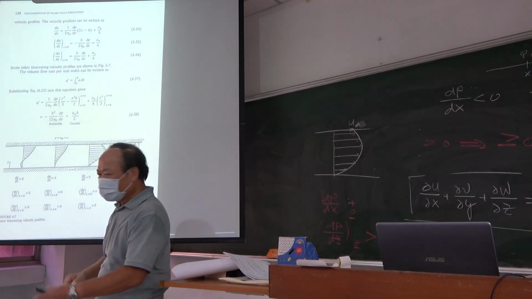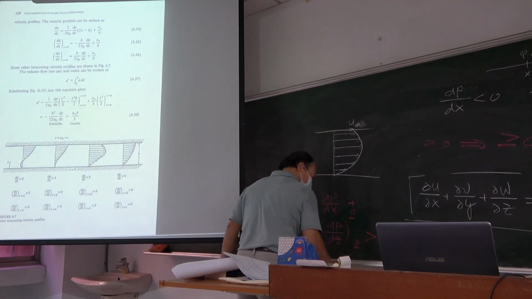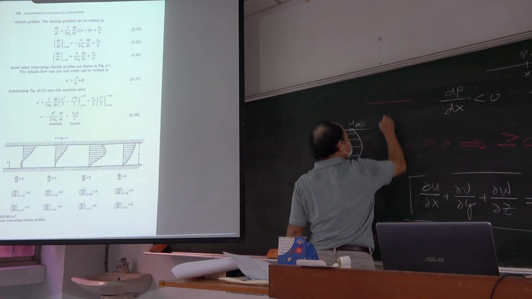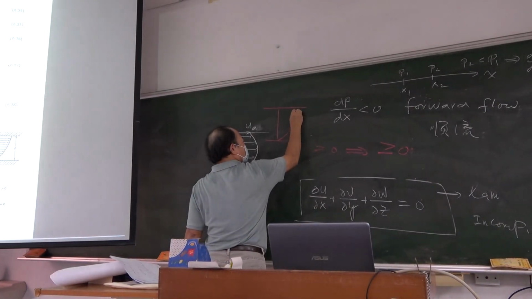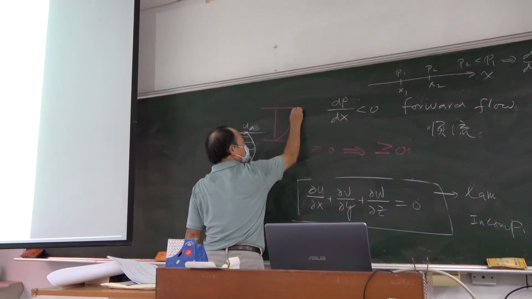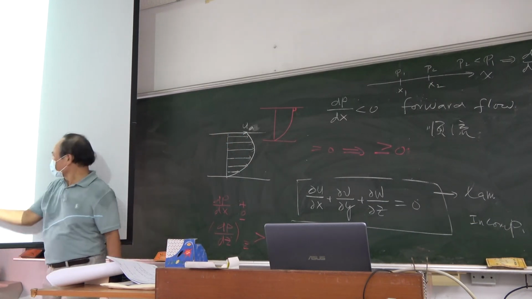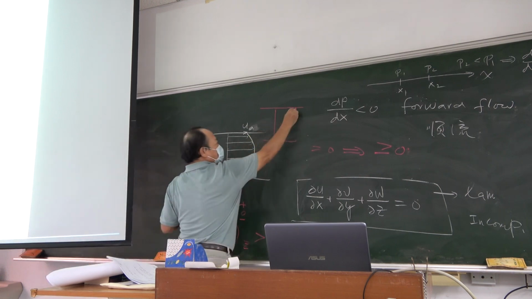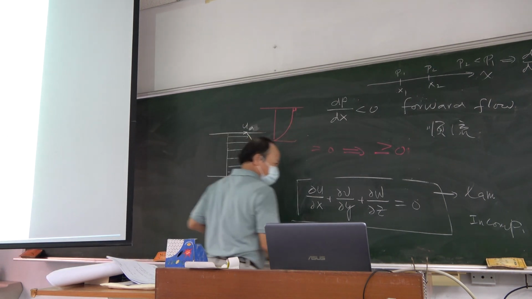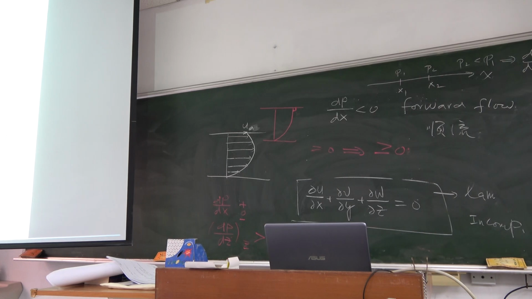Zero means that the profile looks like this one. Here it is vertical, we have a right angle. In this case, it's 0. If it's like this one, then it's larger than 0.